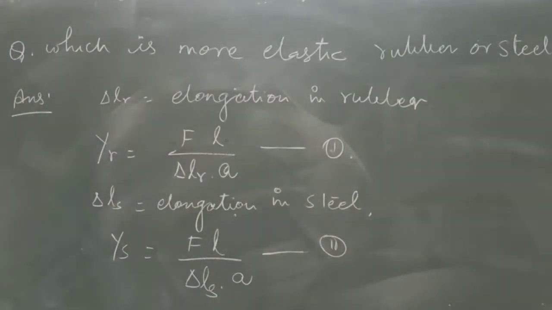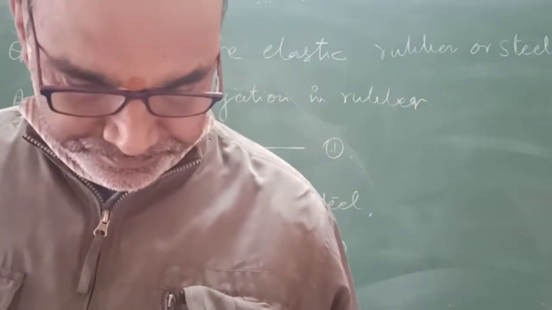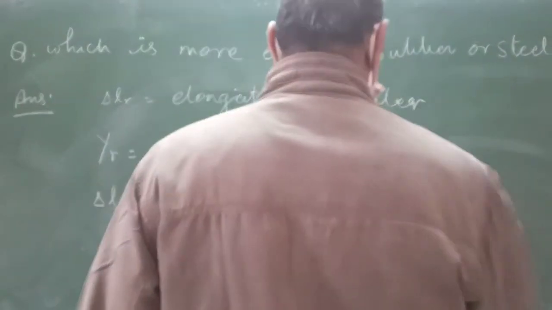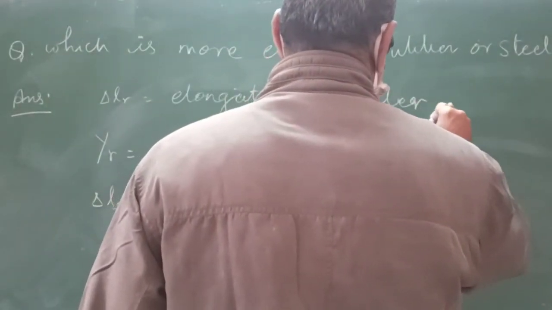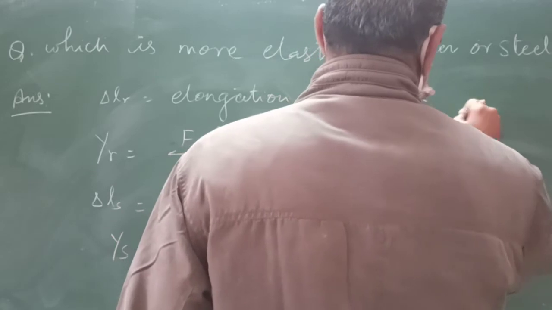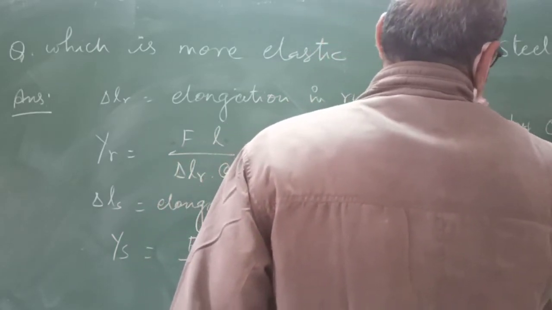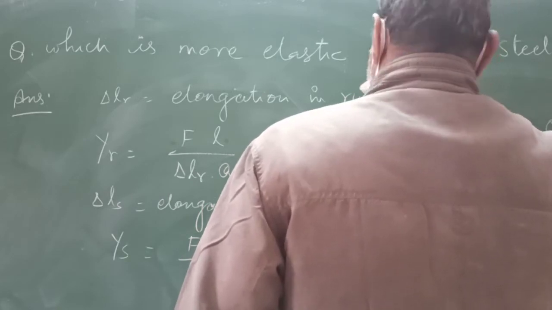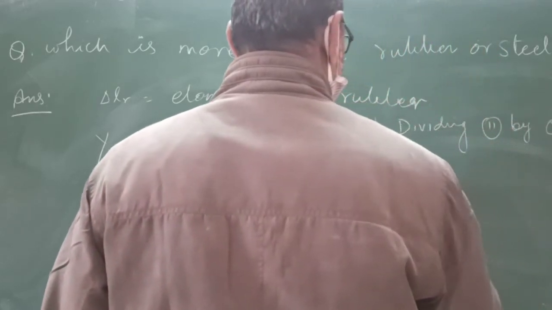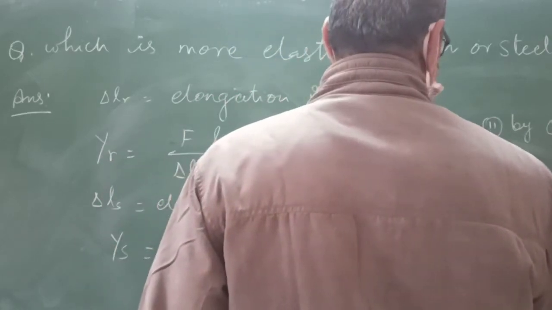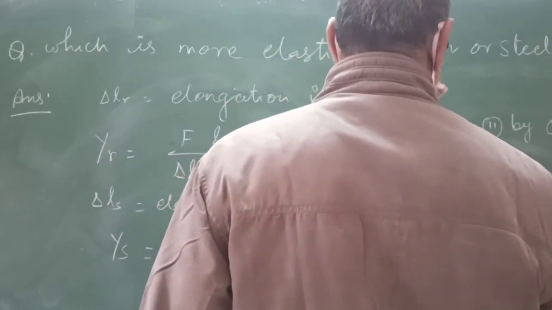Now divide these two equations, 2 by 1. We get YS by YR is equal to delta LR by delta LS.